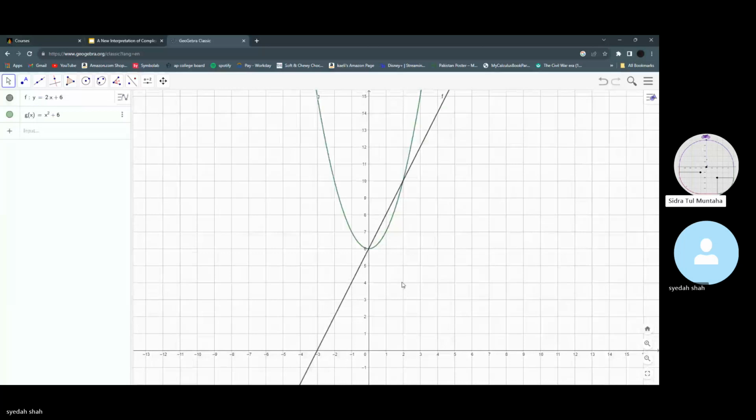Okay, so what do you think about the cubic equations? What do you think the graph would look like? Wouldn't they be like two circles? So it would be more like this.